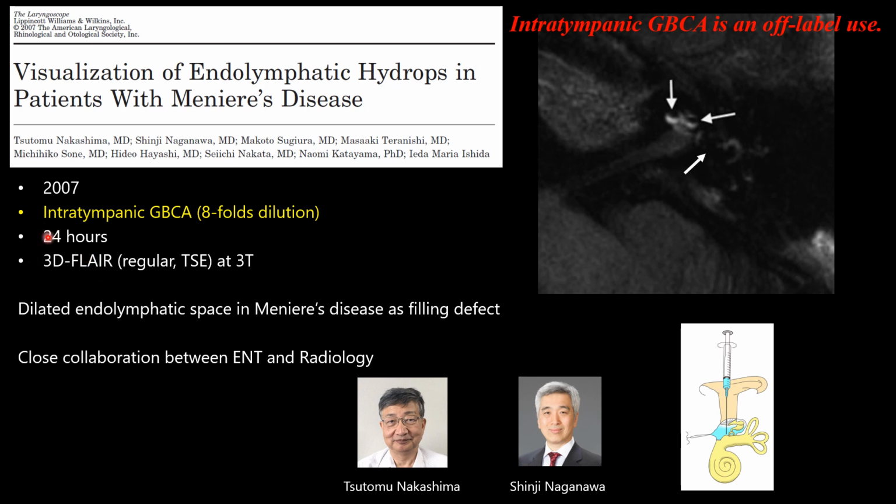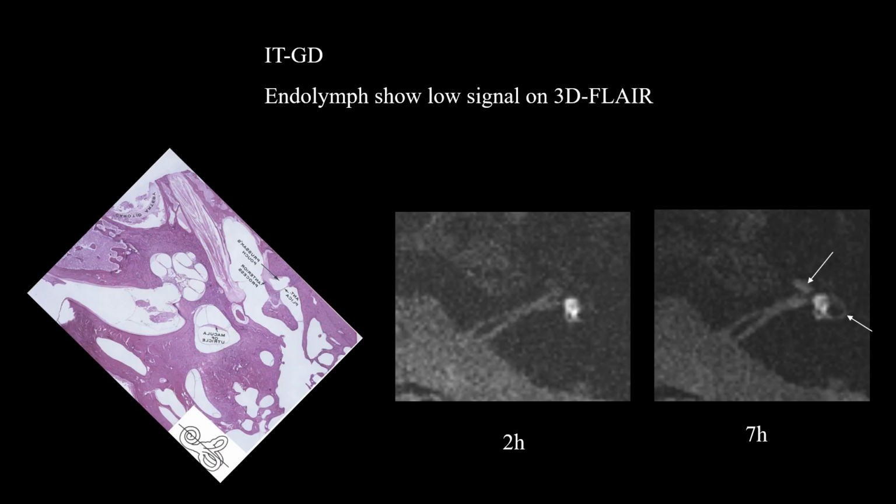We waited 24 hours after intratympanic injection. After intratympanic injection, the perilymph space is enhanced, first in vestibule and then in cochlea. So we have to wait several hours to 24 hours.